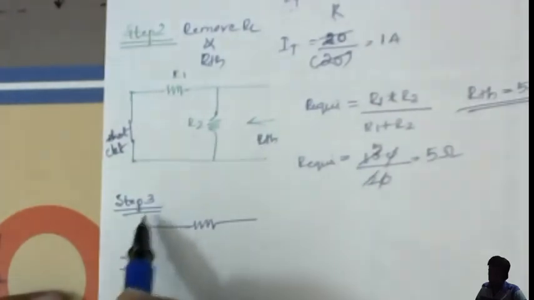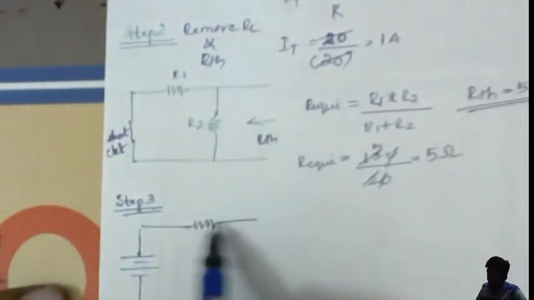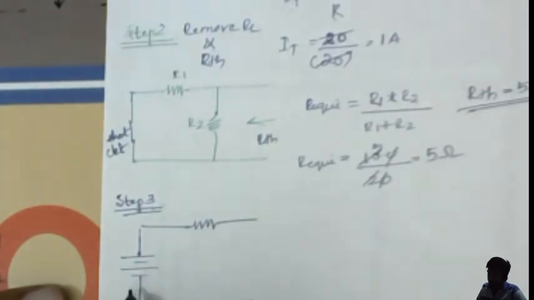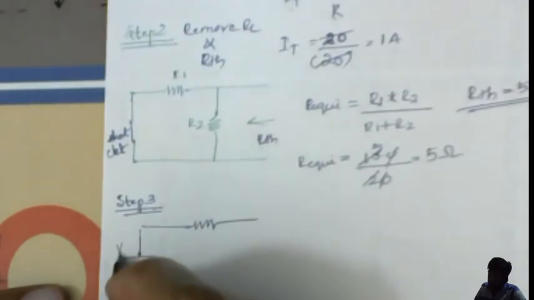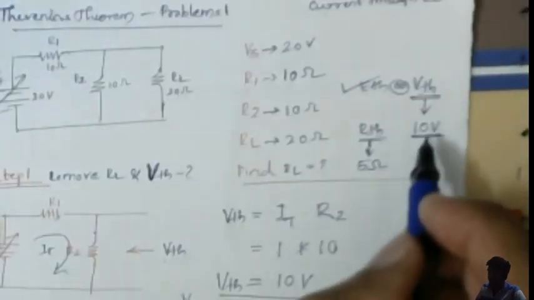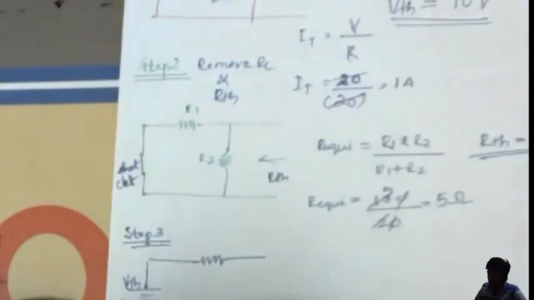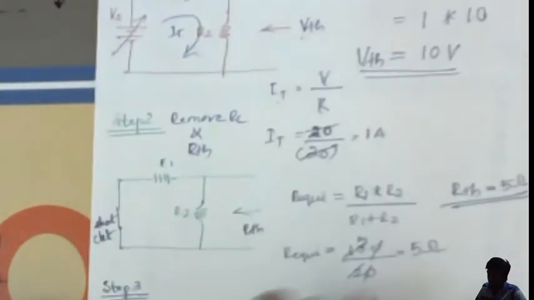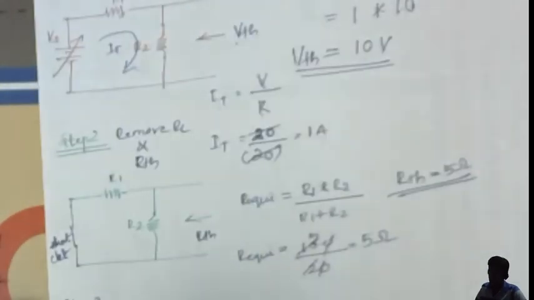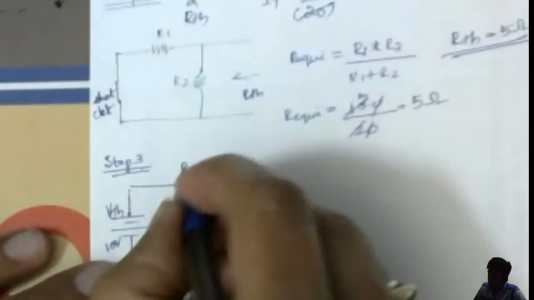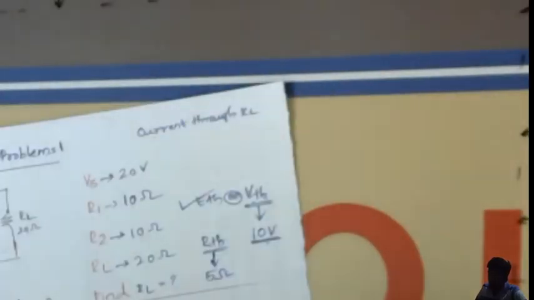Now in step number 3, this is the Thevenin equivalent circuit. It consists of a single voltage source, that is VTH, equal to 10, and here is RTH, equal to 5 ohms.